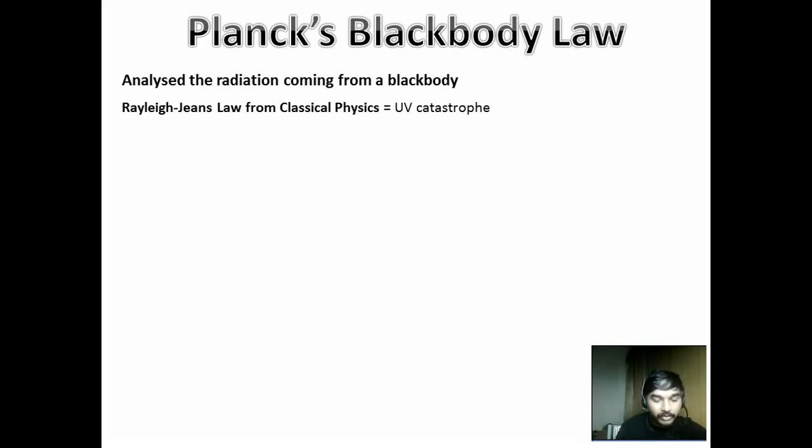So a blackbody absorbs everything. Of course, the best absorber is the best emitter. So a blackbody is a perfect absorber, and so it emits radiation on its own, and it's a perfect emitter of radiation. And if you have a small hole, we can take the radiation out and we can analyze the spectrum.